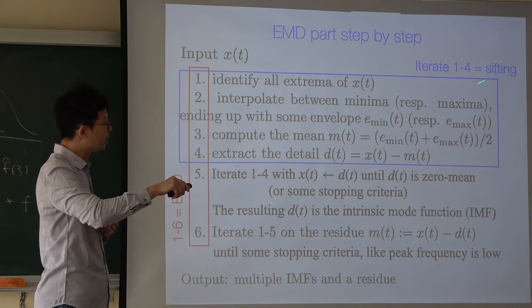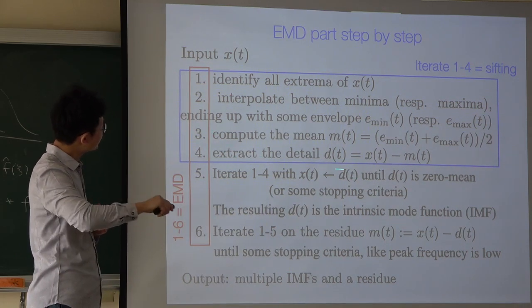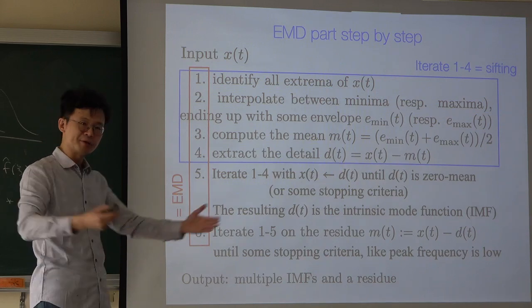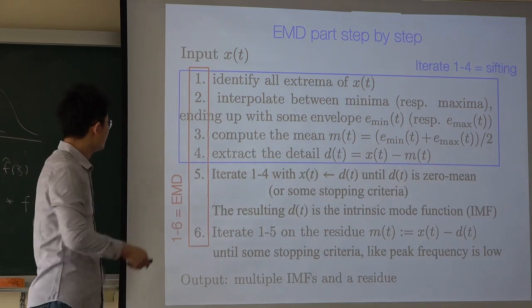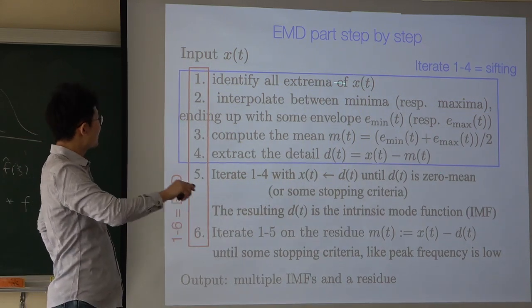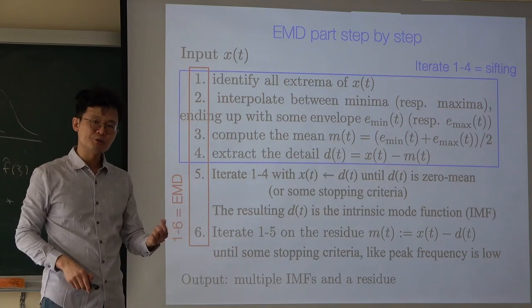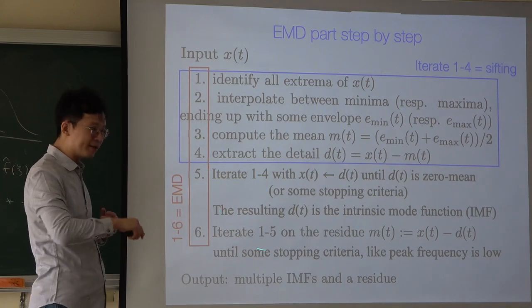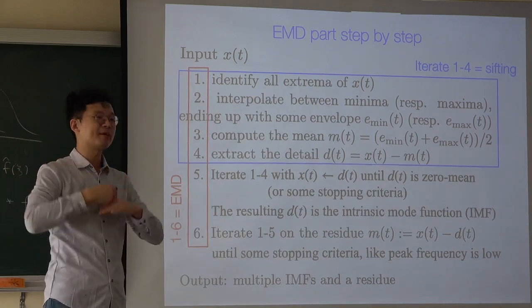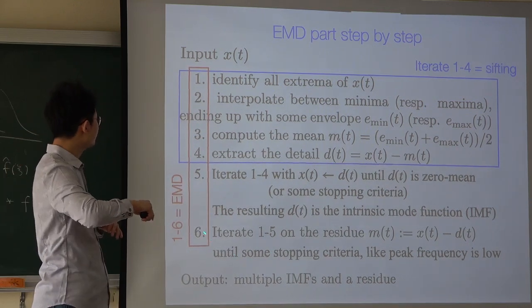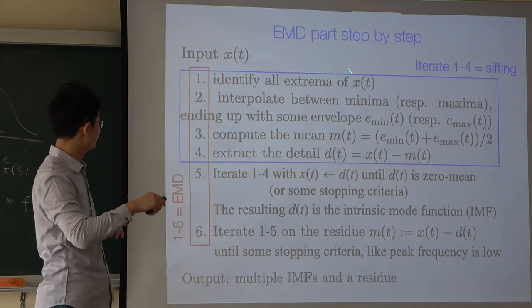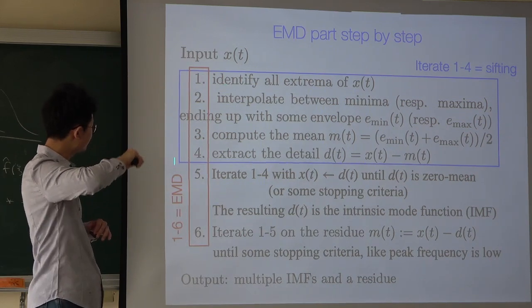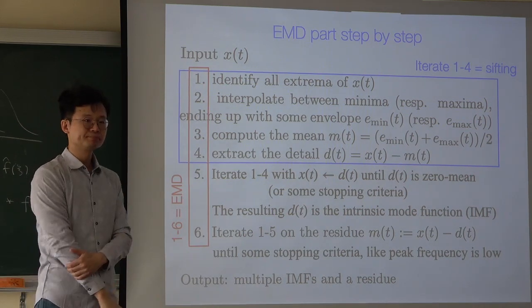You repeat this sifting process, which you can view as an inner loop, and you get one intrinsic mode function, IMF. Then you subtract the IMF and iterate the sifting process. The whole process, steps 1 to 6, is called EMD.